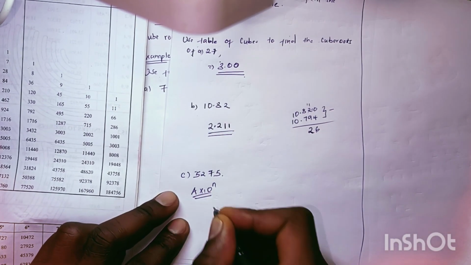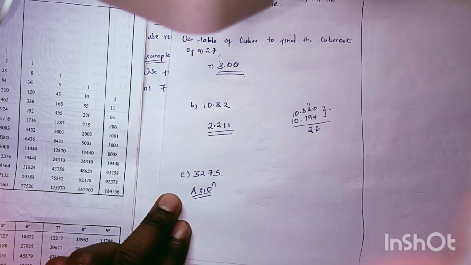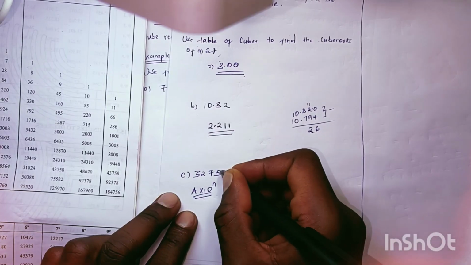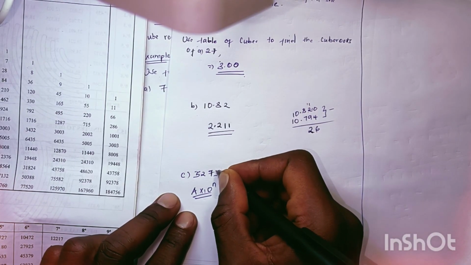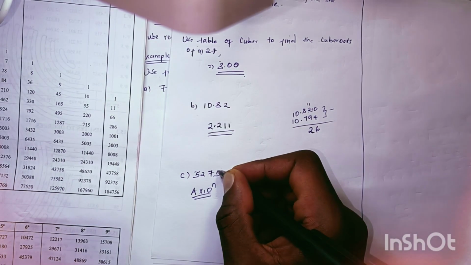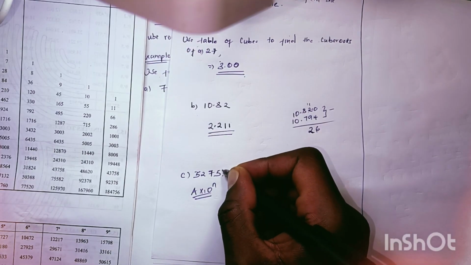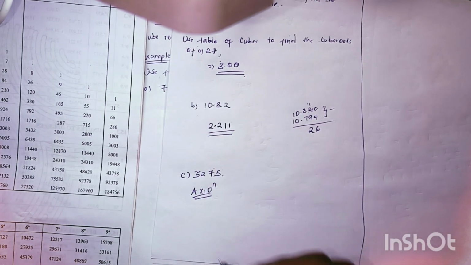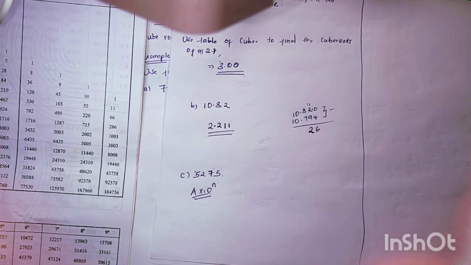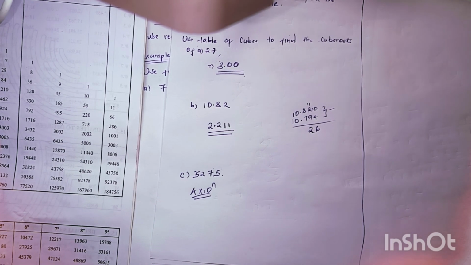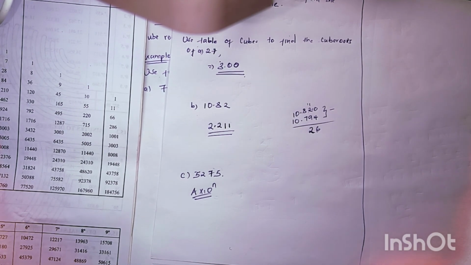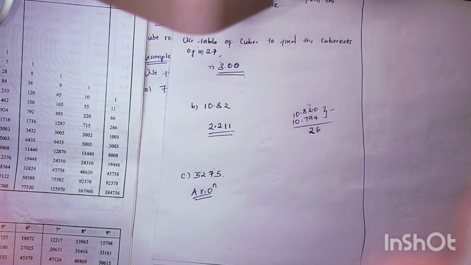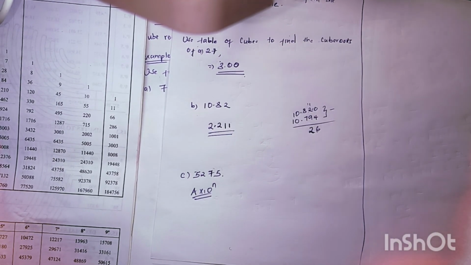That is in standard form. And after writing in standard form, when I'm moving the decimal inside this number, I must make sure that I'm moving in multiples of 3, because I want to find the cube. I must make sure that I move in multiples of 3, how do we call them?